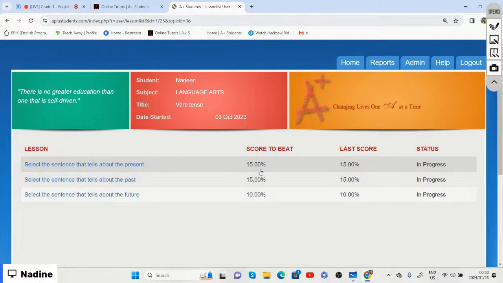So the present tense is creating a sentence that is happening now. That is basically in the present tense. All right. So grade ones, this is the end of our lesson on verb tenses. Goodbye.